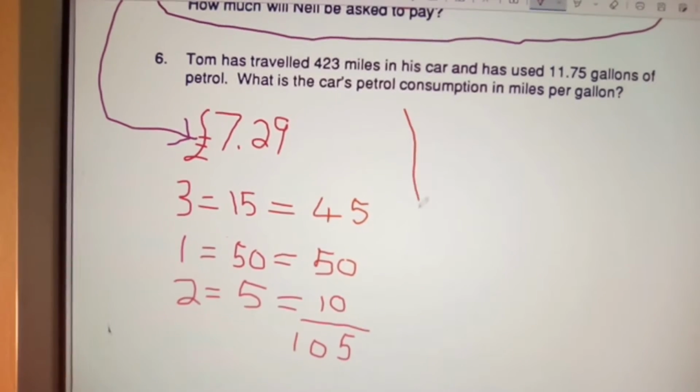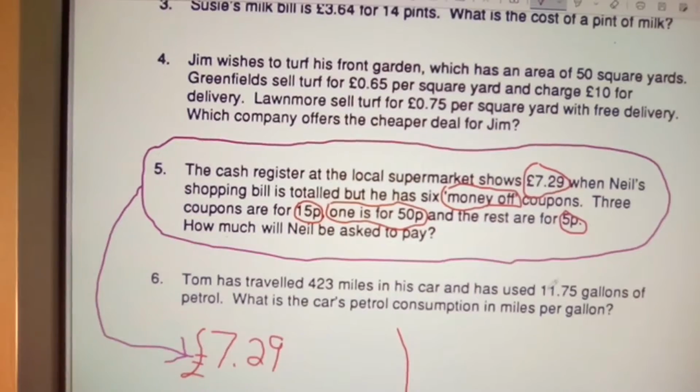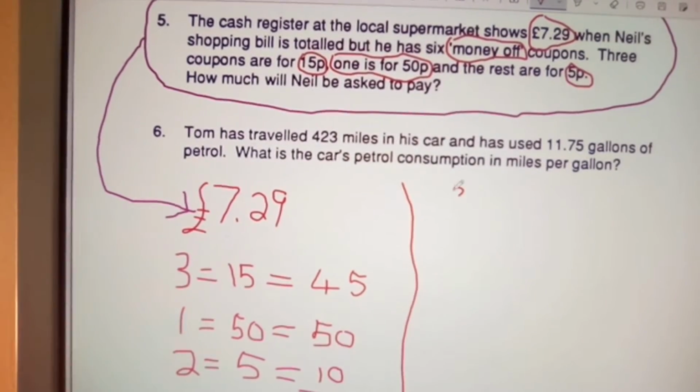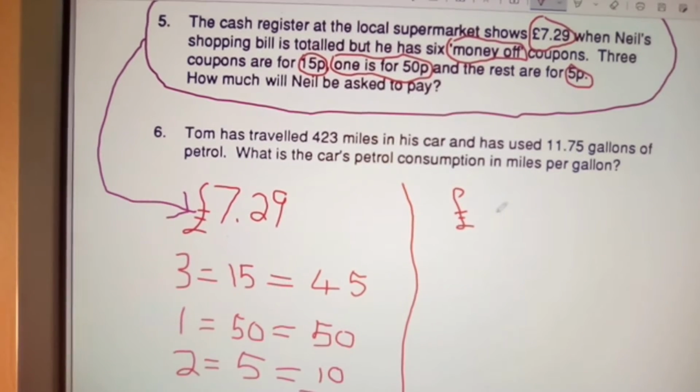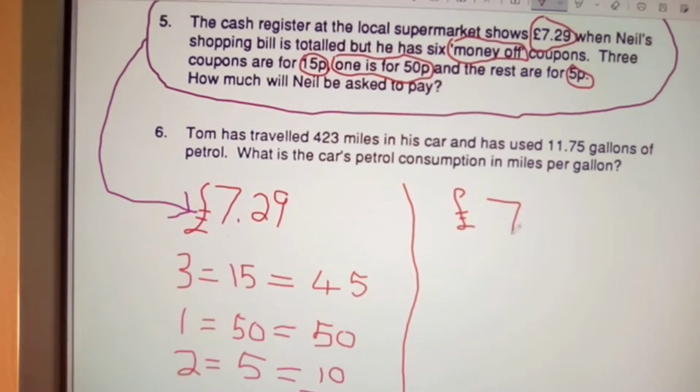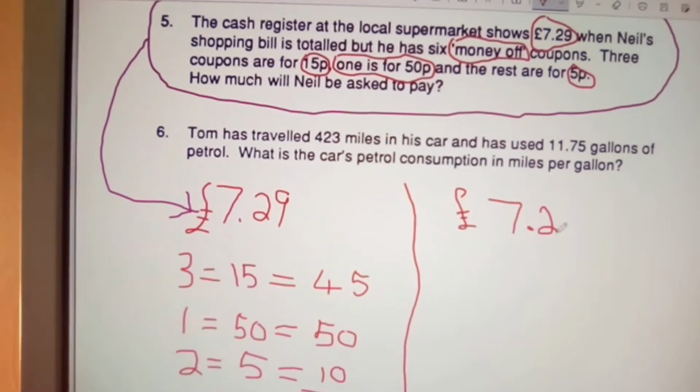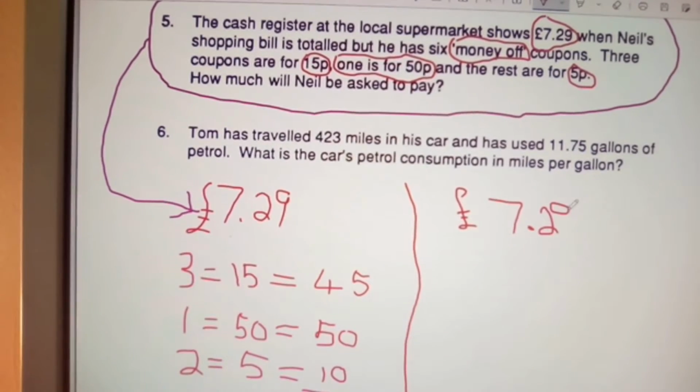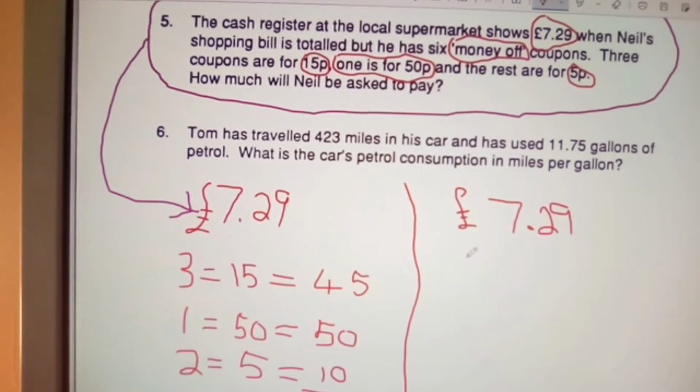Putting a line down that side there for me, so we can put it into a different section. We have £7 and 29 pence, take away, minus £1 and 5 pence.